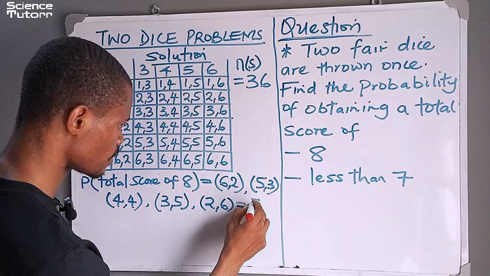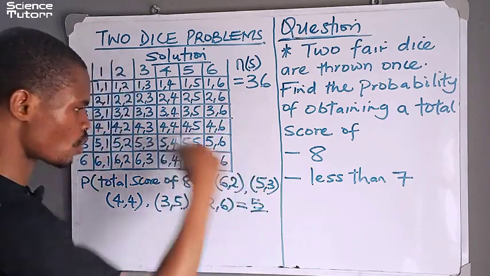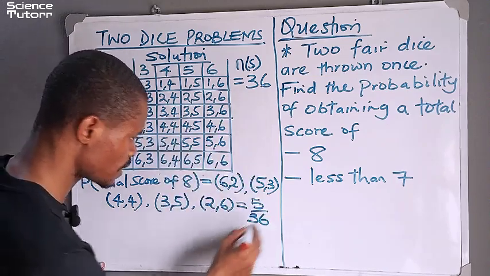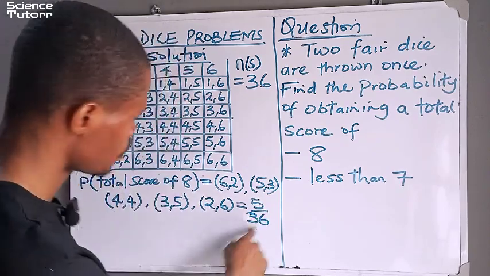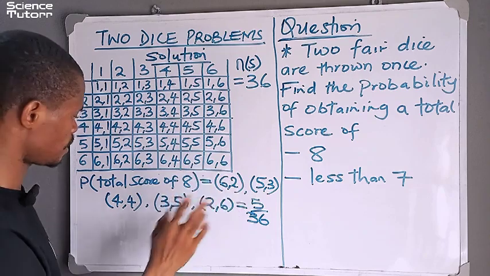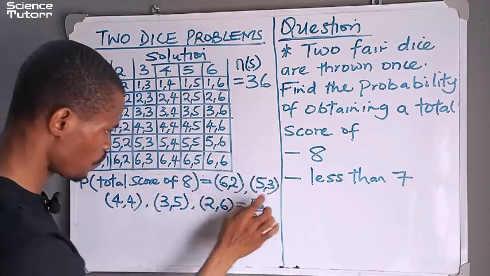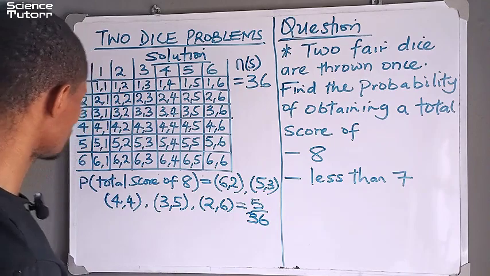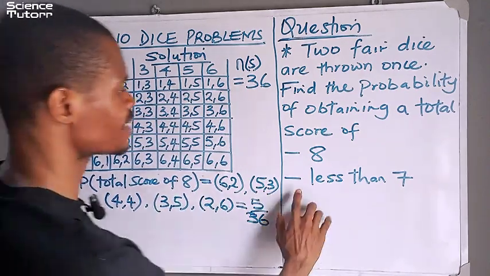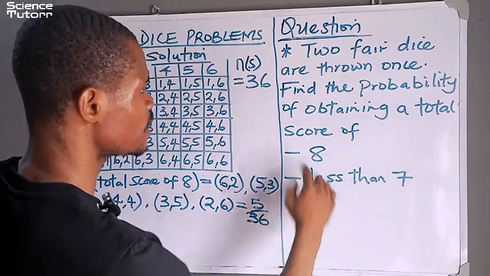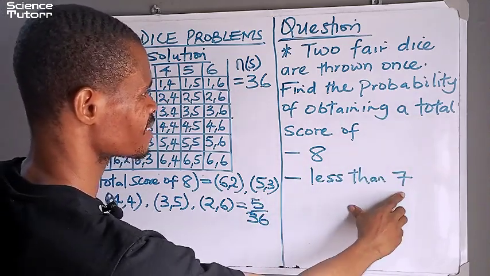So that makes our result 5 out of a total of 36 outcomes. So the probability of obtaining the total score of 8 is 5 over 36.